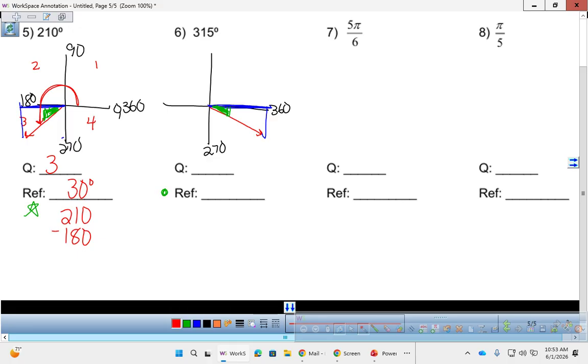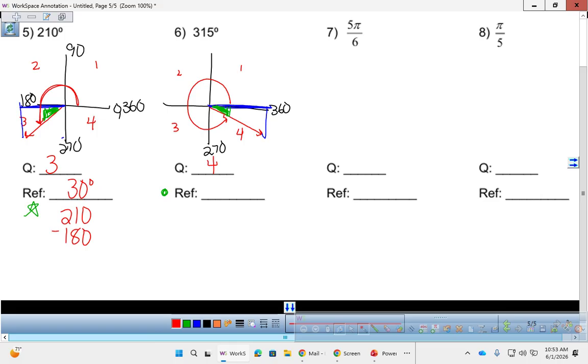Right? So this is in quadrant 1, 2, 3. This is called quadrant 4. It goes counterclockwise. And what I know is that I went a full 270 plus more, and then I almost complete the full circle, but I stopped. To complete the full circle, though, is that little green sliver.